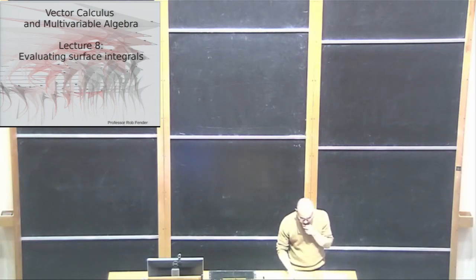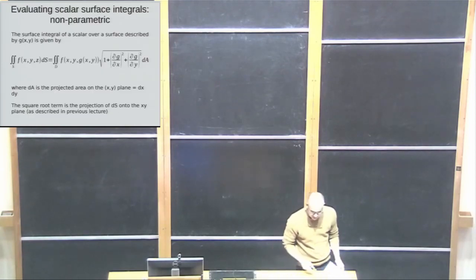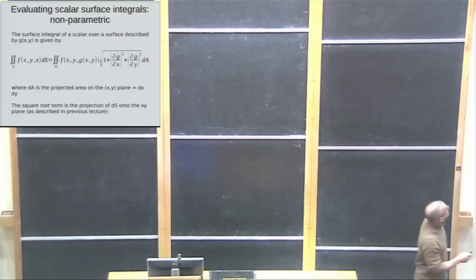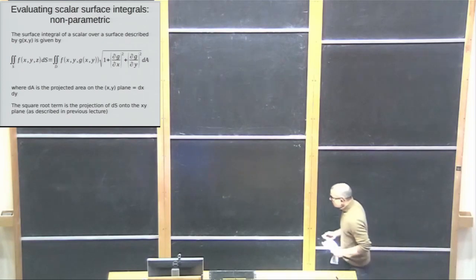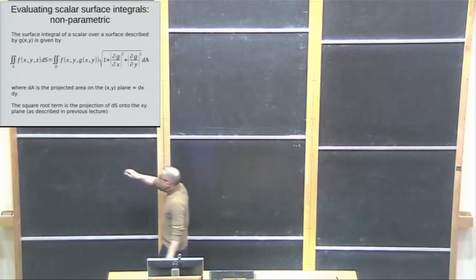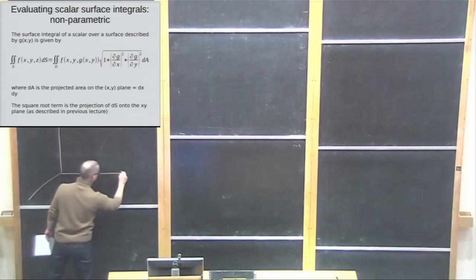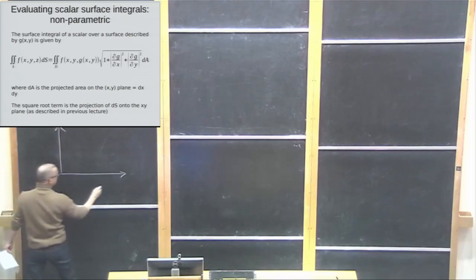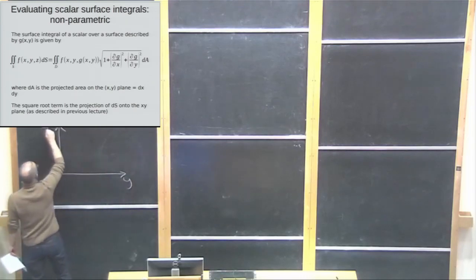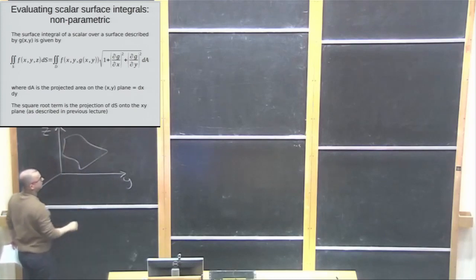All right, so we'll start off with the slightly simpler flavour of surface integrals, which is the scalar surface integral, and we'll consider first the non-parametric case. Yesterday when we were talking about surface integrals, we were imagining our 3D space, x, y, z, and we have some surface in this space.